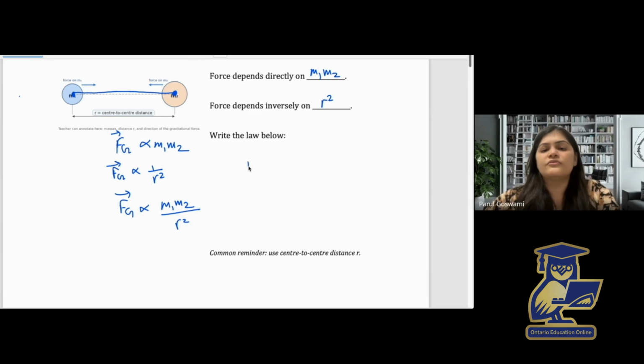Now in order to remove the proportionality sign, we always write a constant, and in this case the constant is the universal gravitational constant G. So Fg equals G m1 m2 by r squared, where G is the universal gravitational constant.